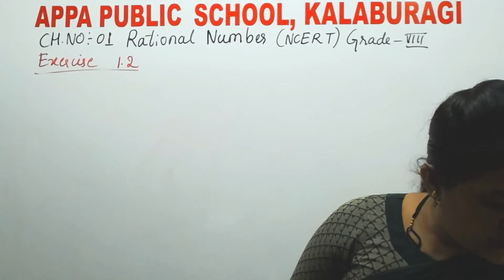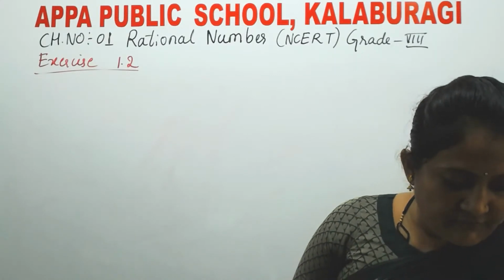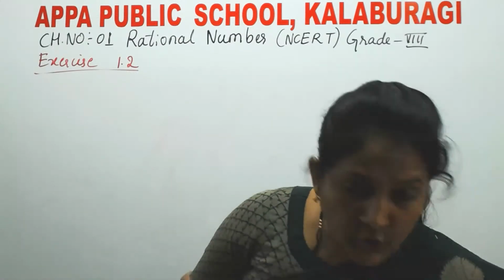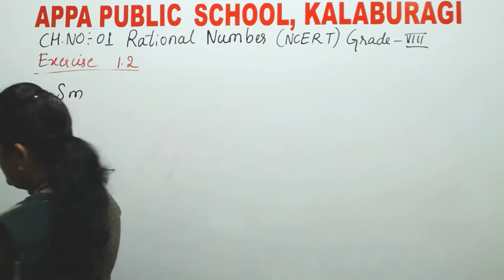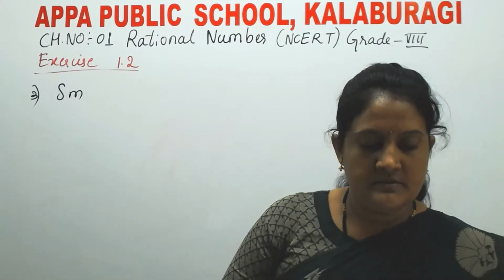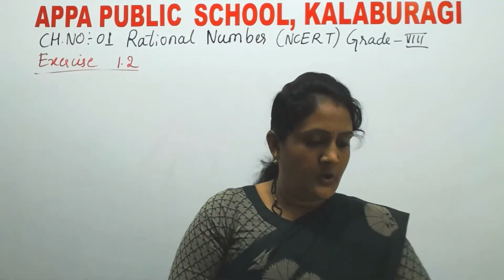So shall we go with question number 3 now? In question number 3, they are asking: write 5 rational numbers which are smaller than 2. Shall I write the question? Just a minute. Question number 3.